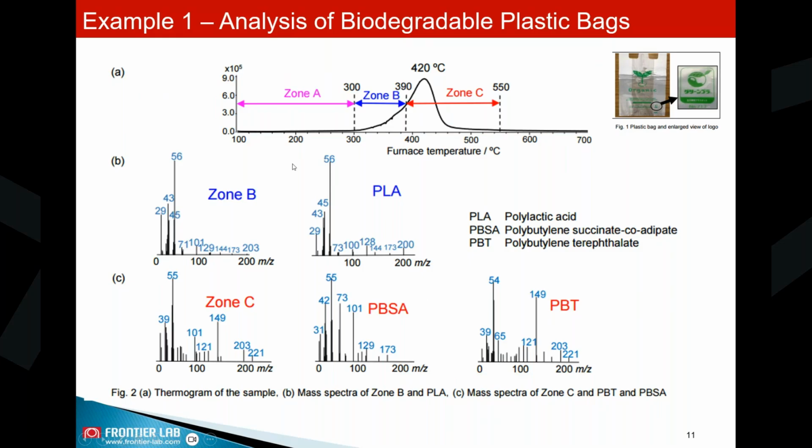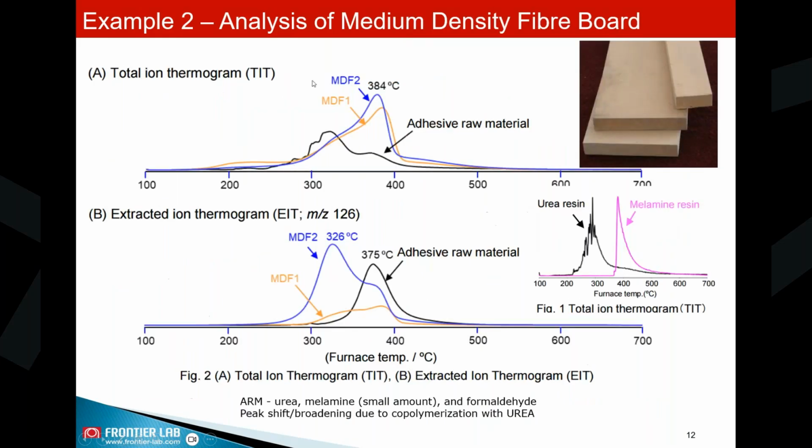So the second example is the analysis of medium density fiber board. As you know, in medium density fiber board, they are using different types of additives to increase the strength of the material. So here we have compared two types of medium density fiber board from the market, and mostly they use urea resin and melamine resin as an additive.